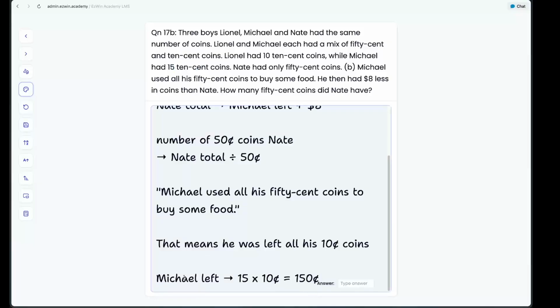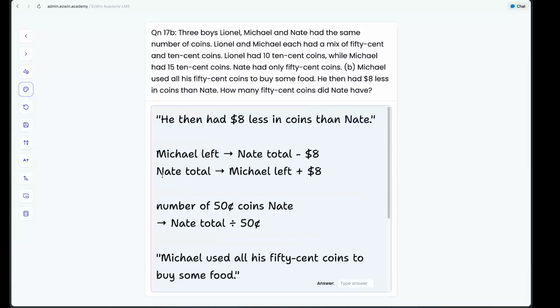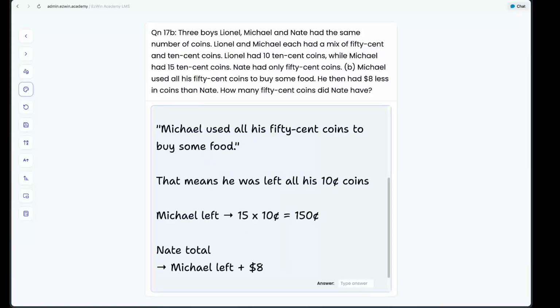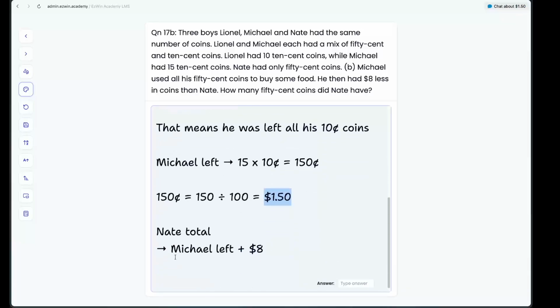So now we know Michael's amount left. The next thing is we can get Nate's total. We want to convert 150 cents to dollars. So 150 cents equals 150 divided by 100, which is $1.50. So he is left with $1.50, which would then make Nate's total $9.50.